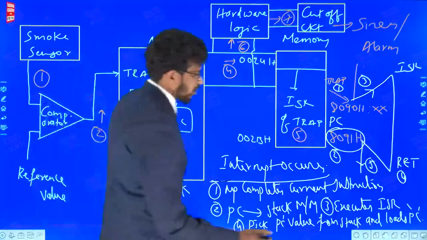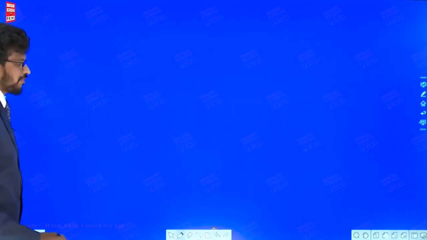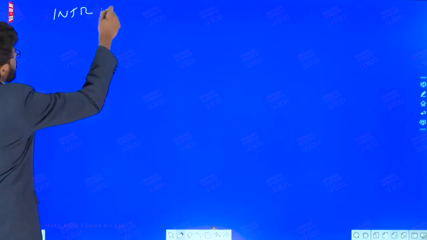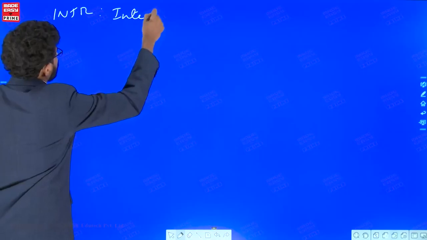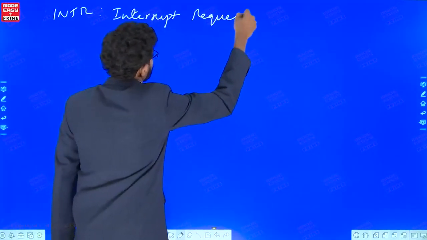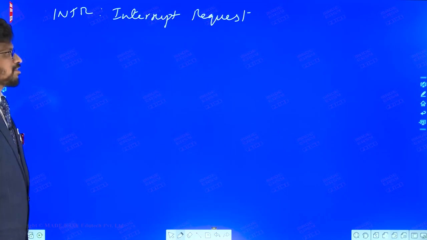Now we shall discuss the non-vectored interrupt in 8085, which is called INTR. INTR stands for interrupt request. This is the only non-vectored interrupt in 8085. It has the least priority, but the advantage of INTR is that it can support 8 IO devices, one at a time.